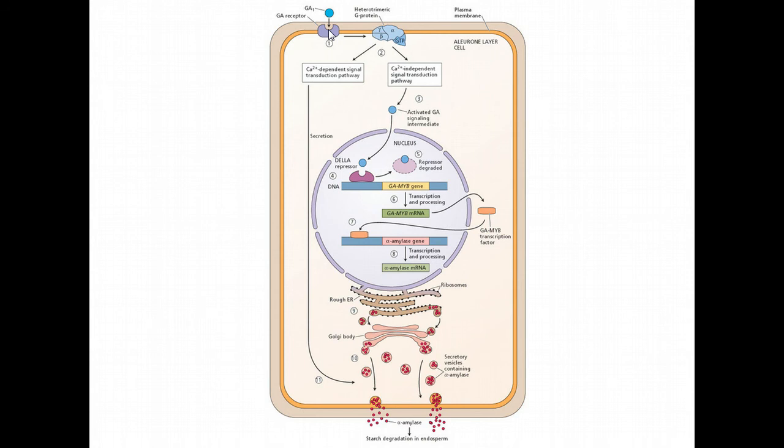And when it binds to that protein, it causes the production of a product that activates some other proteins. And this is called a signaling molecule. So the GA never even gets inside the cell. And what it does is it causes, that GA causes a cascade of things to happen.